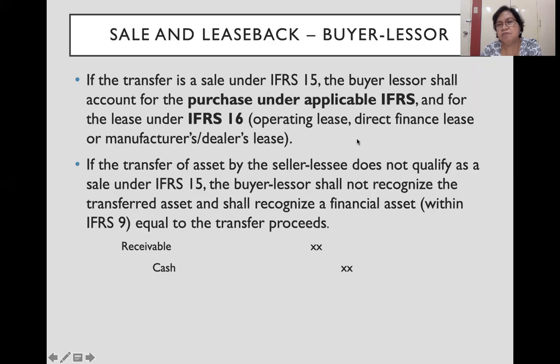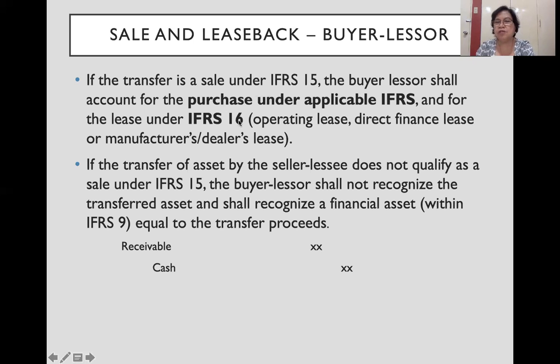Or if it is an investment property, then the purchase price is debited to an account of investment property, and so on. Then the lease will be accounted for by the buyer-lessor under IFRS 16. Therefore, the buyer-lessor shall determine whether the lease is to be accounted for as operating lease based on the absence of finance lease indicators.